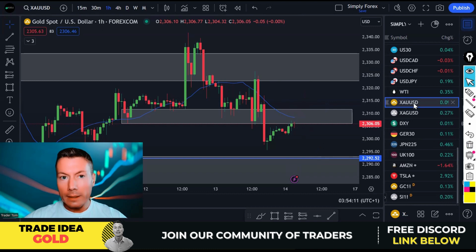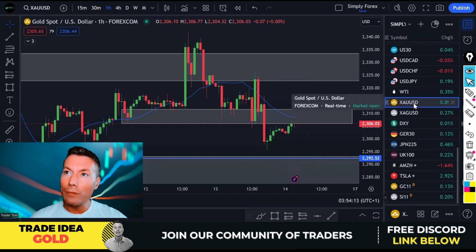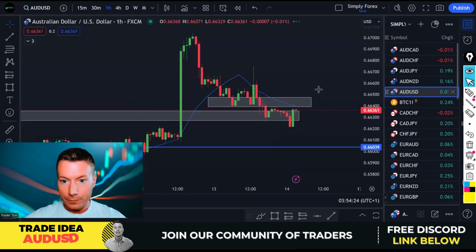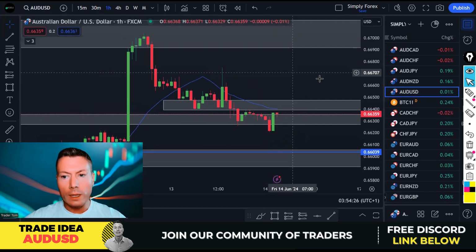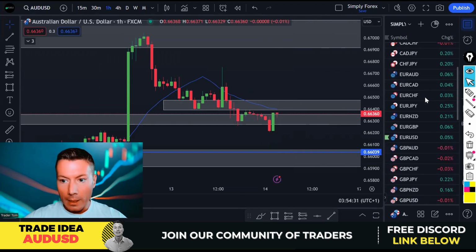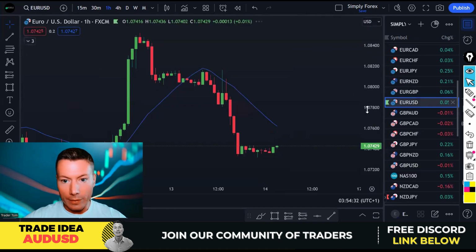Also, when I say US dollar strength, it doesn't mean that all of the US dollar majors will give me a setup. But gold is, and also Aussie dollar, US dollar is. Let me give you an idea. Something like Euro US dollar isn't a setup.